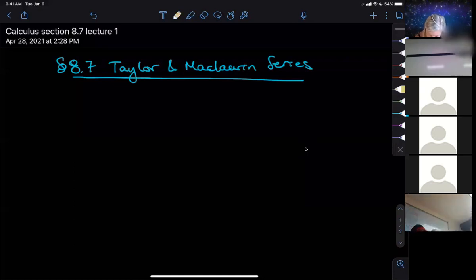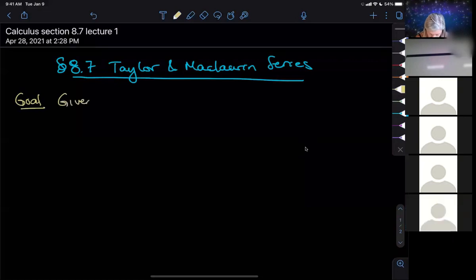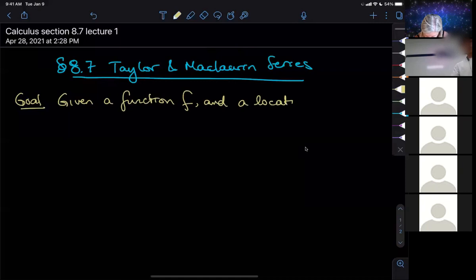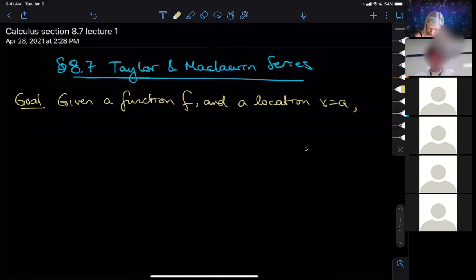So goal: given a function f, and a location a, let's just say, what we want to do is find a power series that gives the same value that f does near that location.